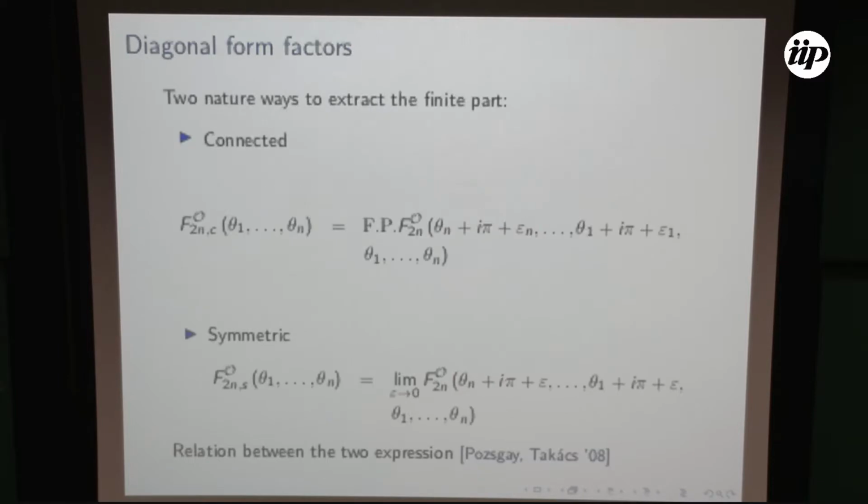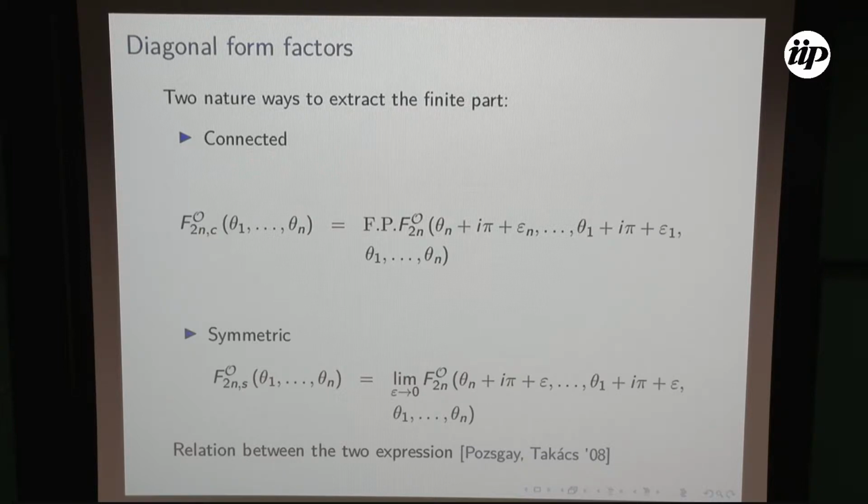And there are two usual, natural ways to extract finite information. One is the connected evaluation. You take this shifted form factor, expand it in its epsilon coefficients, and take the part that doesn't depend on epsilon at all, the real finite part. That's the connected evaluation. There's the symmetric one, where you say all the epsilons should be the same, so you don't have a singularity, and then take the epsilon goes to 0 limit.